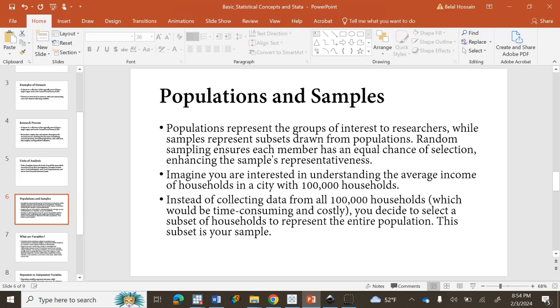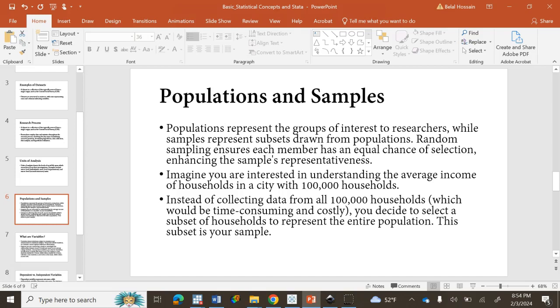However, what if your sample is not representing the population? For example, the average income in your population is $50,000 per year per household. Now, your sample, for example, you collected data on 2,000 households.